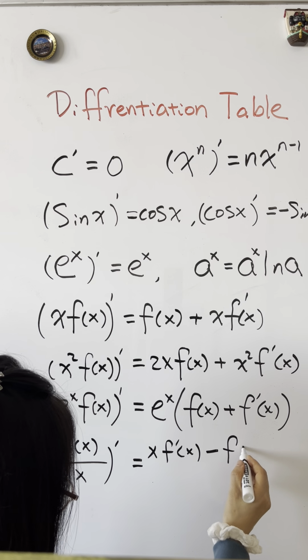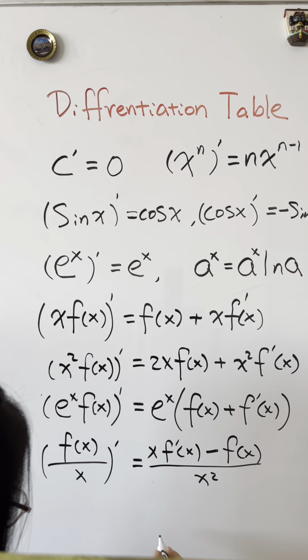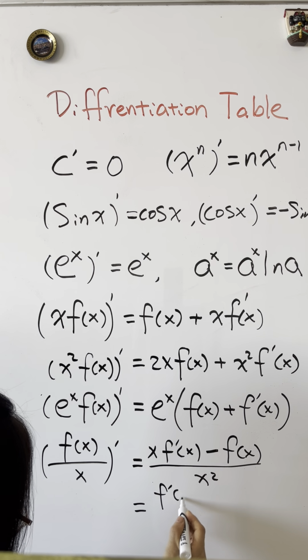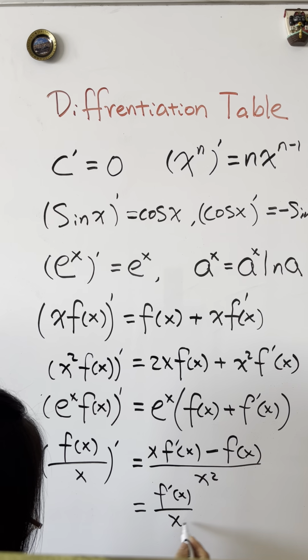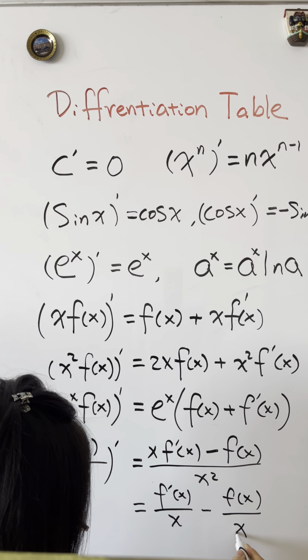So that's minus f of x, then divided by x squared. If we simplify this a little bit, we get f prime of x divided by x minus f of x divided by x squared.